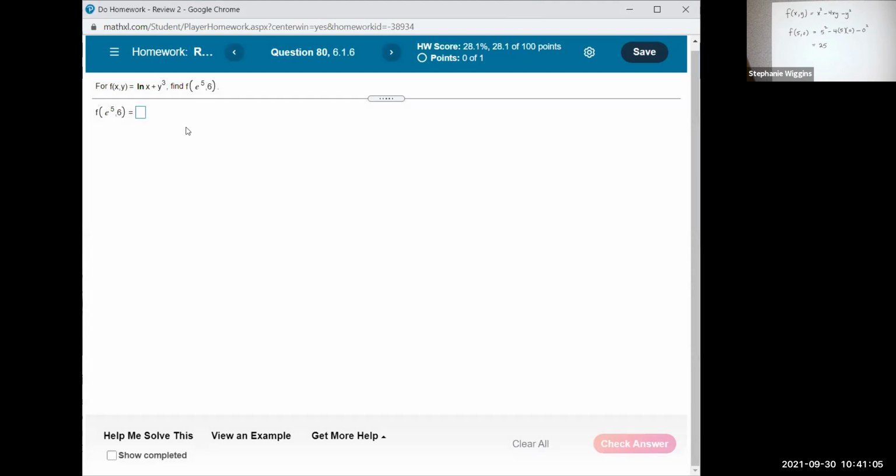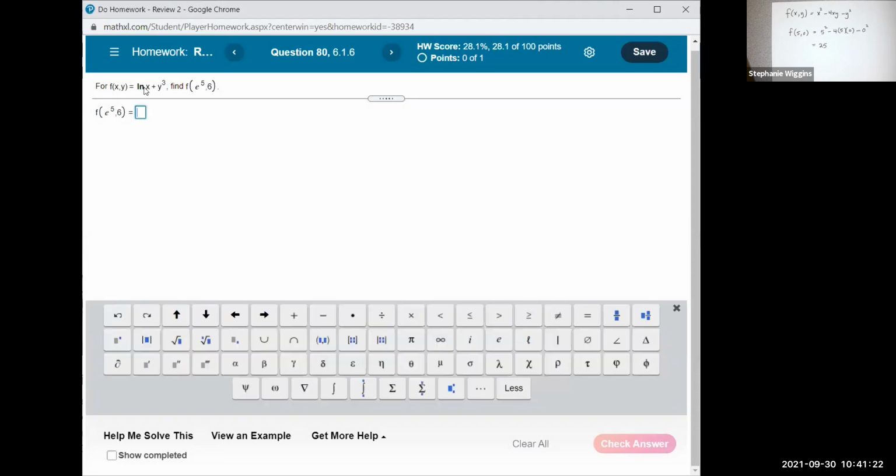Here, same thing. Don't be bothered by e to the 5. E to the 5 is just another number. When you take the natural log of e to the 5, the natural log kind of cancels with the base e. So it's just plain old 5. And you can do that on your calculator if you don't know that. So it's going to be 5 plus 6 cubed. I'm not sure what 6 cubed is.